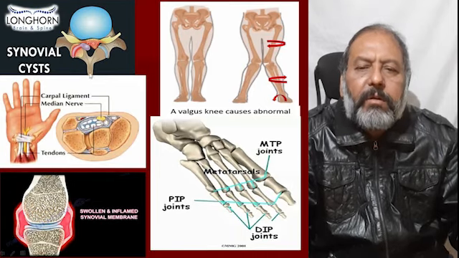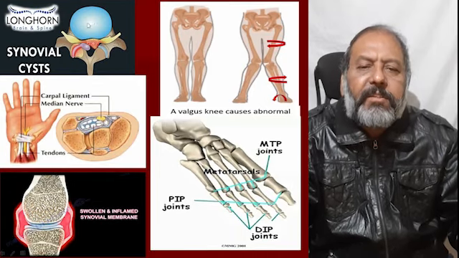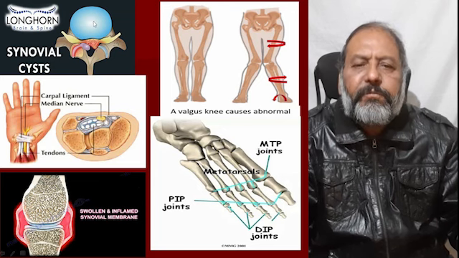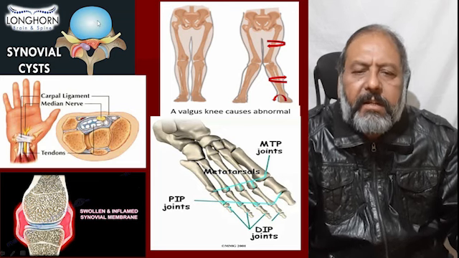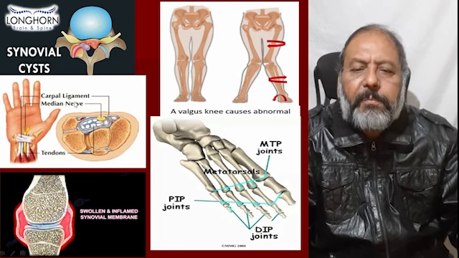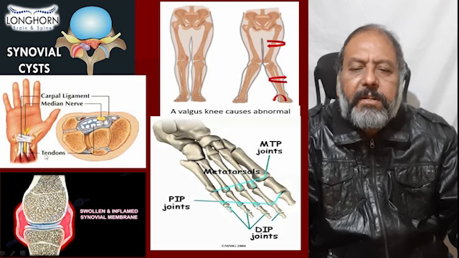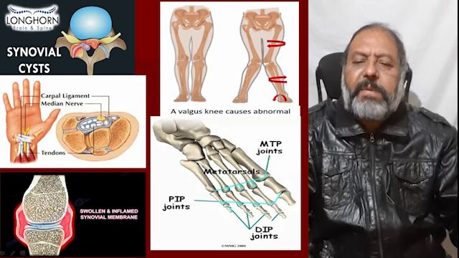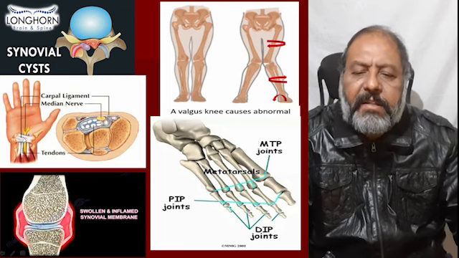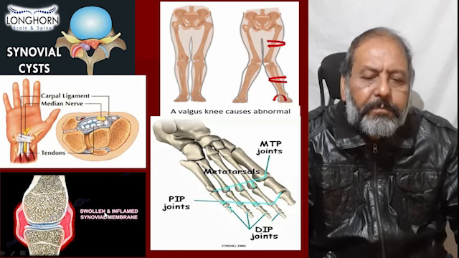So here one can see the synovial cyst which is formed as a rheumatoid arthritis complication, the carpal ligament and the median nerve. I have already shown you that it is compressing the median nerve, and there is entrapment of the median nerve.